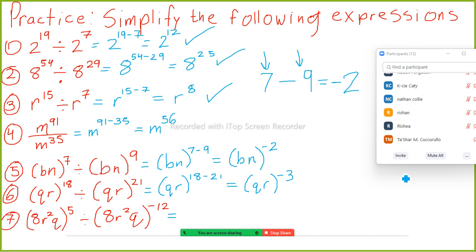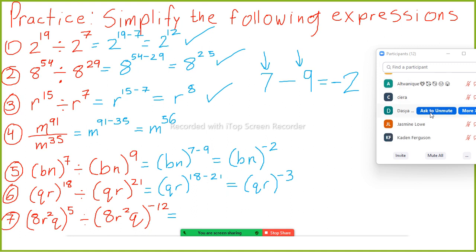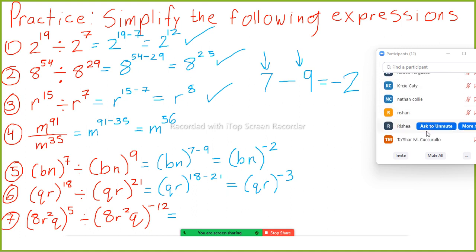Hello, Rashan, are you here? Oh, we're not hearing from you. All right, I guess the sister could go. Rashay, can you answer number 7, please? 8R squared Q to the power of 17. What happened to your sister? Oh, I don't know. She must be upstairs.